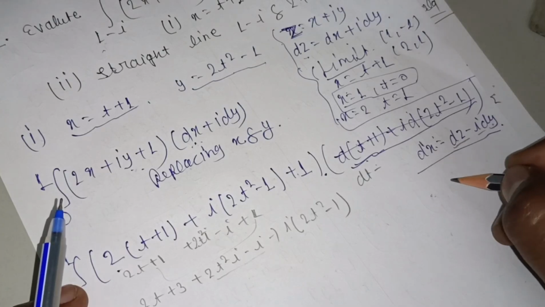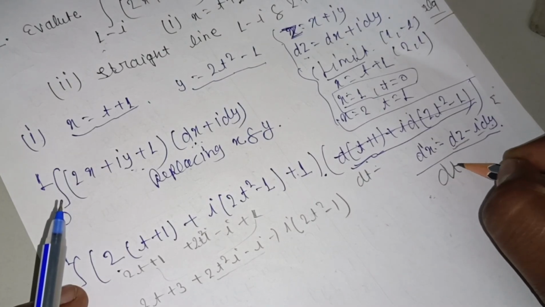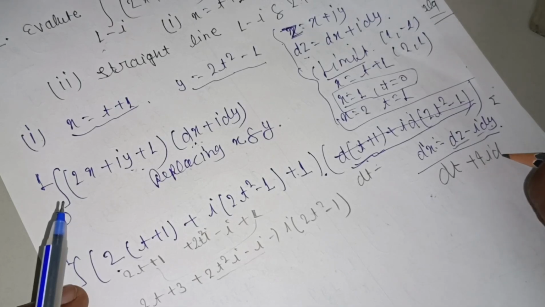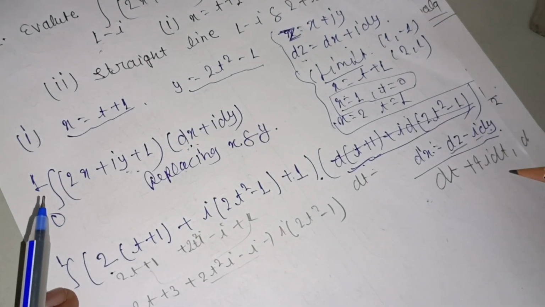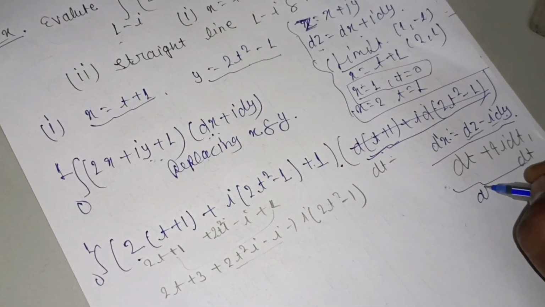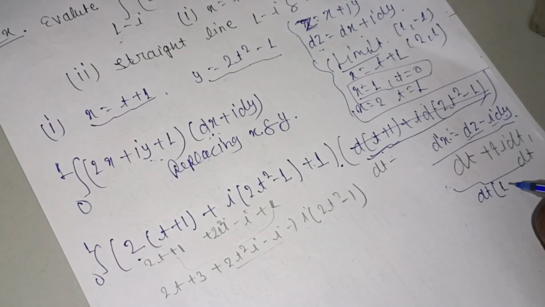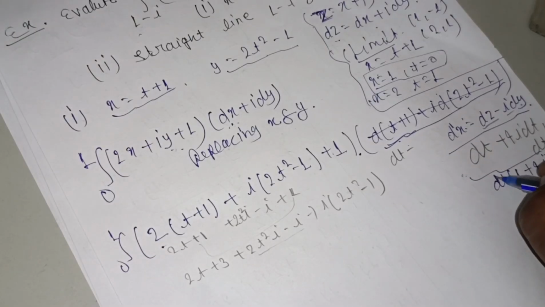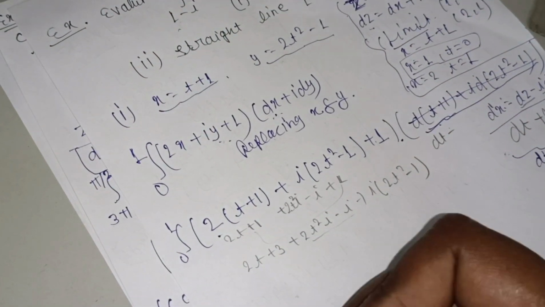So here will be dt plus 4 iota t dt. Okay, if we take dt common, then 1 plus 4 iota, and that's all. dt has been taken common.